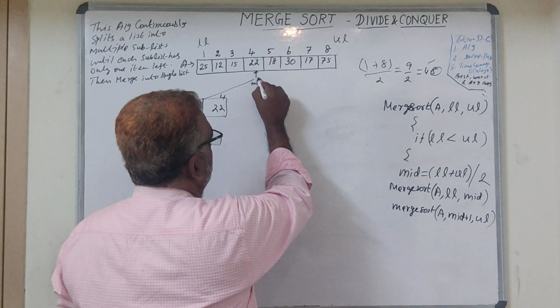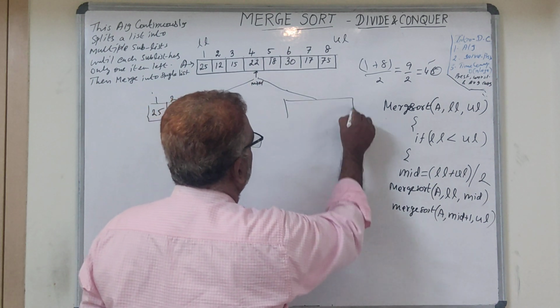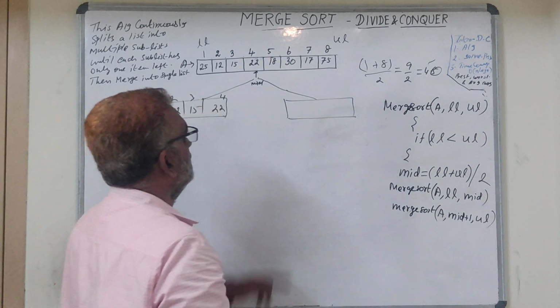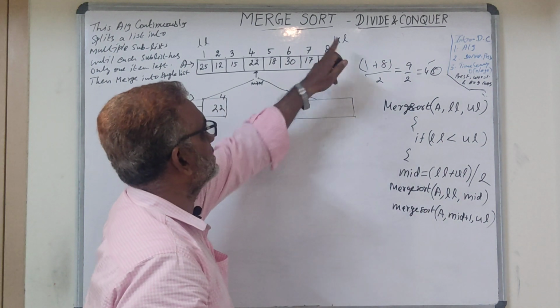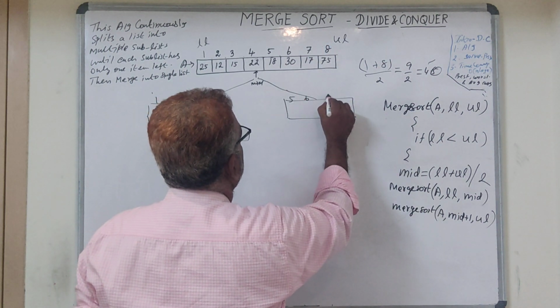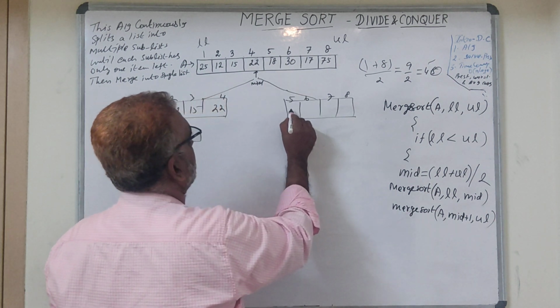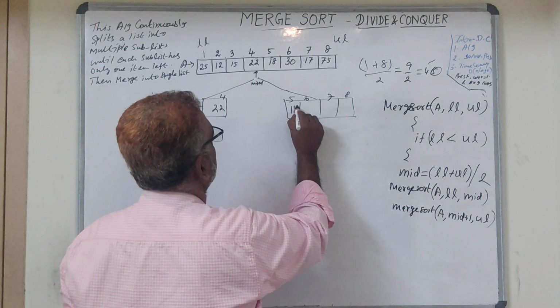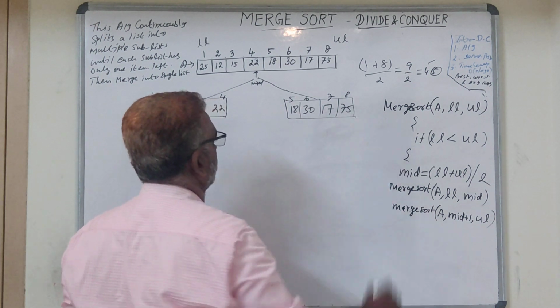Then on this side you will have another list, from mid plus 1 up to UL. What are those values? That is 5, 6, 7, 8. These are the index values, and the corresponding data values are 18, 30, 17 and 75.